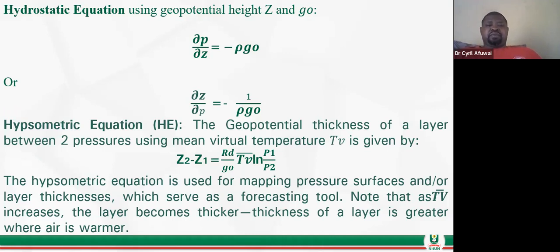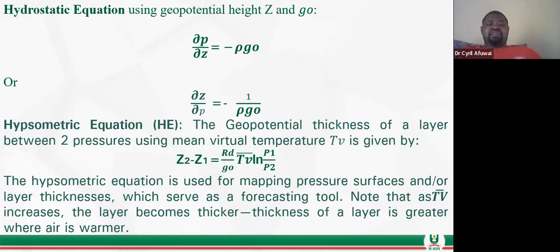Or now, if you reverse this equation and take the reciprocal, you have del Z over del P equals minus 1 over rho G naught. Okay, that is for hydrostatic equation.